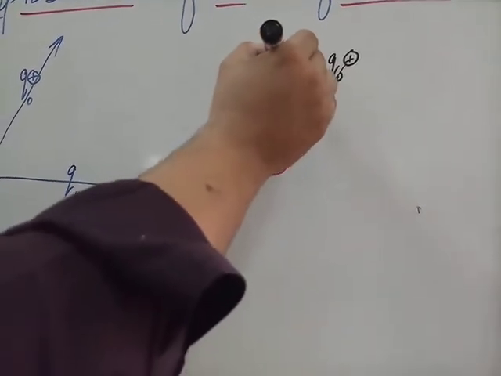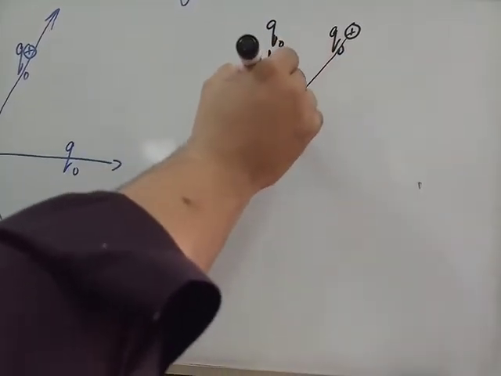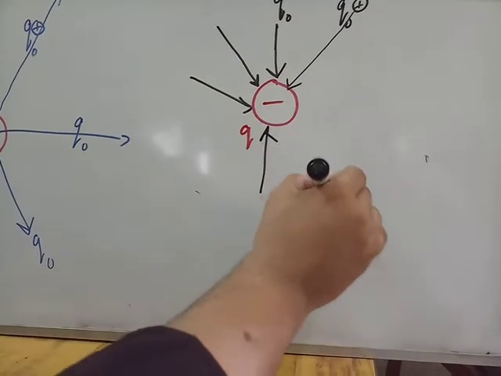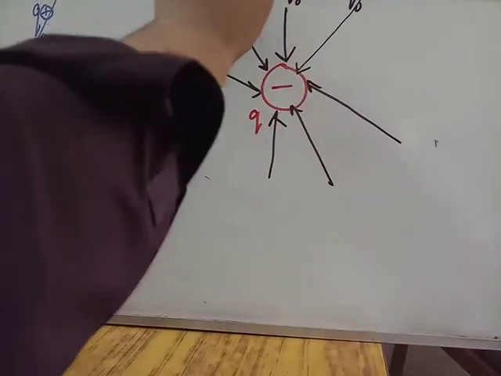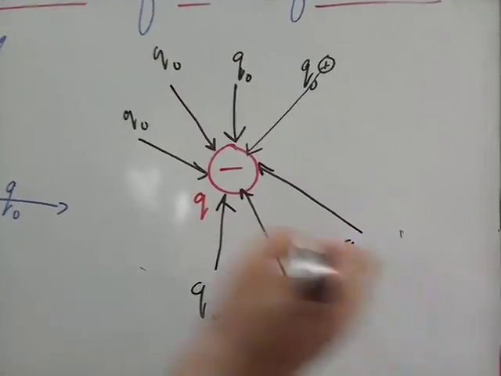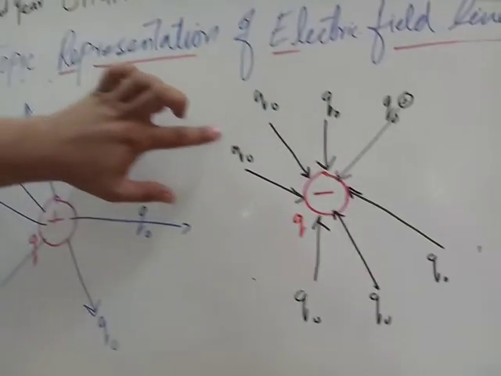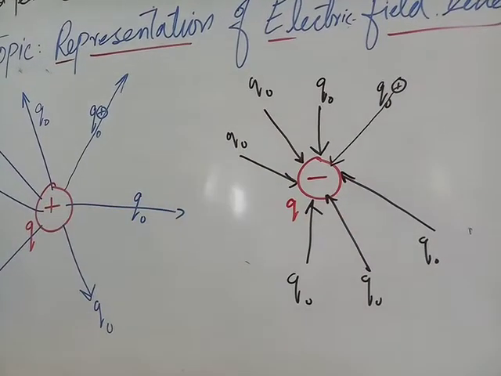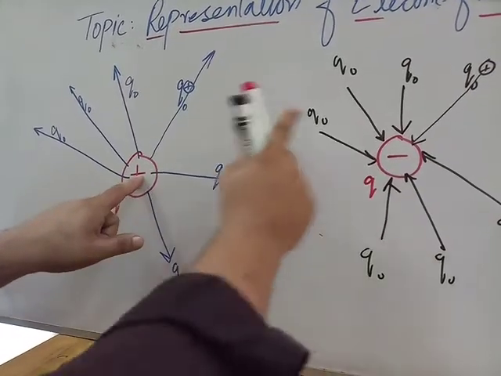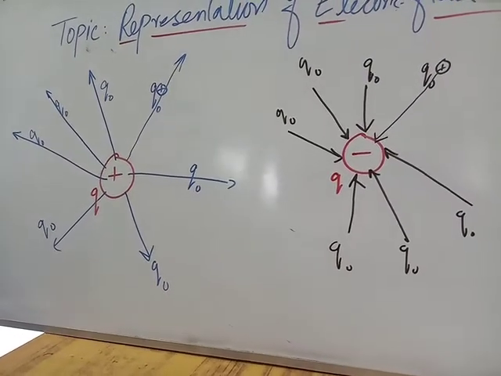If I change the place of Q0, at every point the direction will be towards the negative charge. So if electric field lines originate from a positive charge, they end on a negative point charge. Electric field lines start from positive and end on negative. These are the electric field lines and their properties.